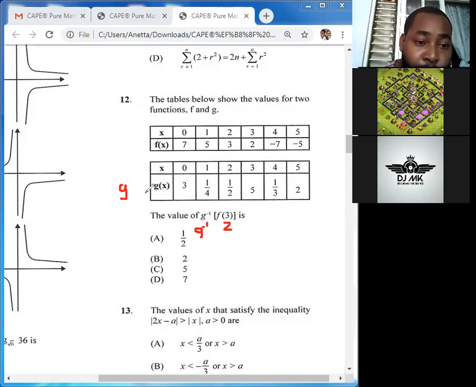What is output now becomes input, and what is input now becomes output. So if I do g inverse of 2, the input is now the 2, and the output that it gives me is 5. So g inverse just turns around the roles of input and output. That's a simple way of explaining it.